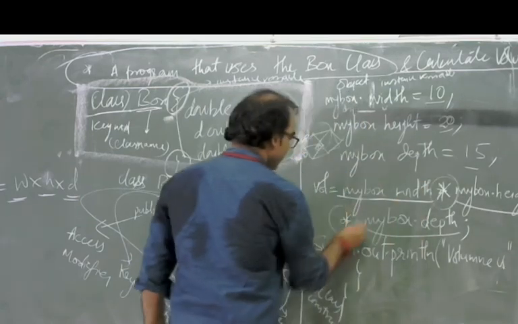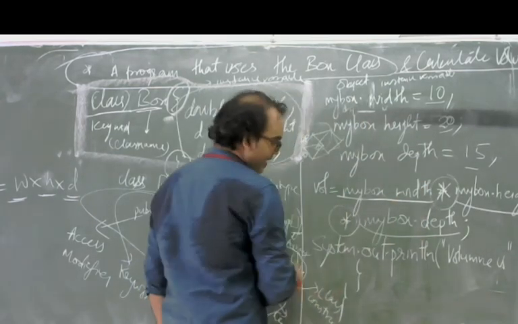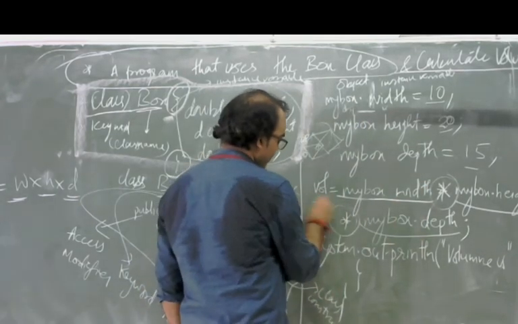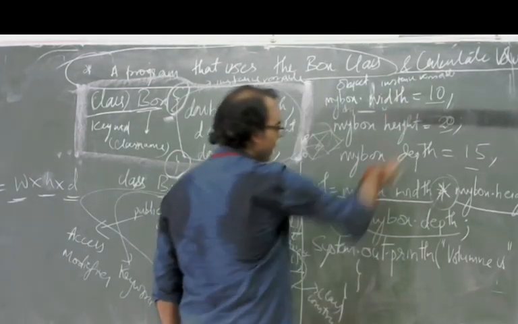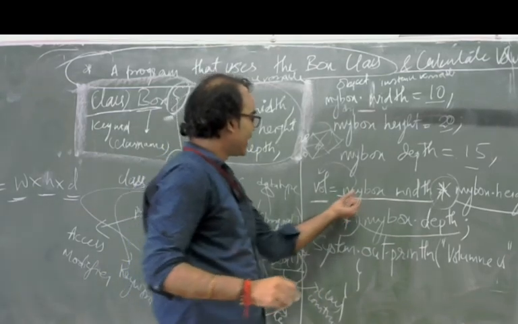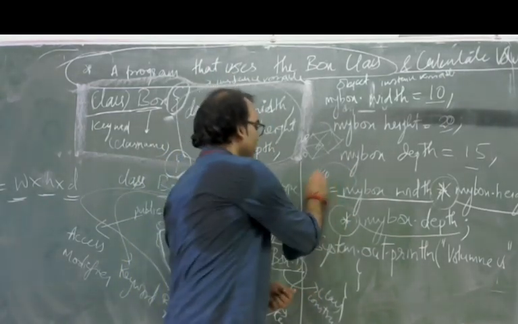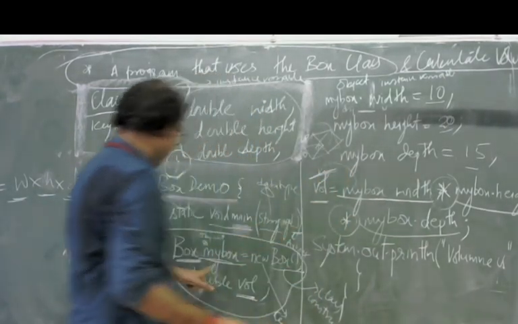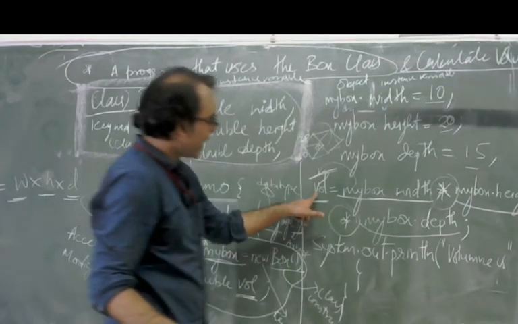This is an operation, and when these three values are multiplied, the result will be assigned to volume, which we have defined here.